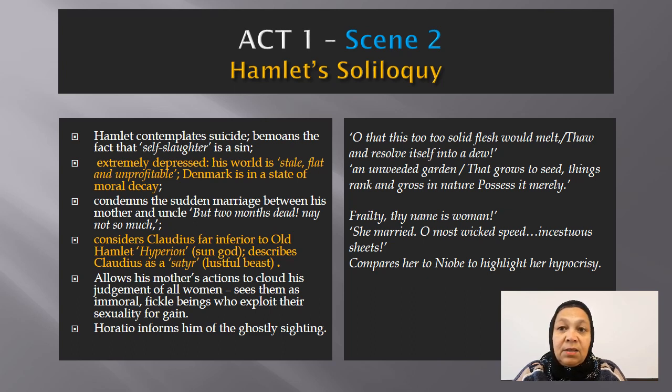It seems that within a span of 6 weeks to 2 months, she had married her husband's brother. Once Hamlet is extremely depressed, we can see his hatred of women, and while he is sitting there, Horatio joins him and informs him that he has seen the ghost of Hamlet's father.